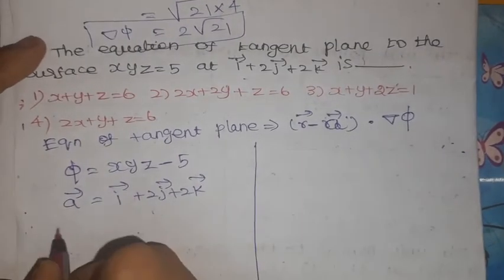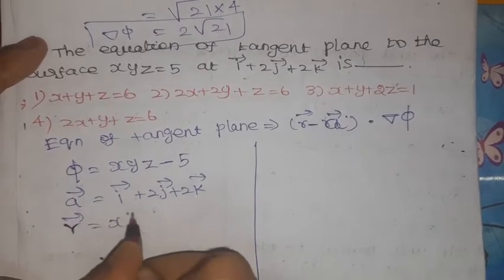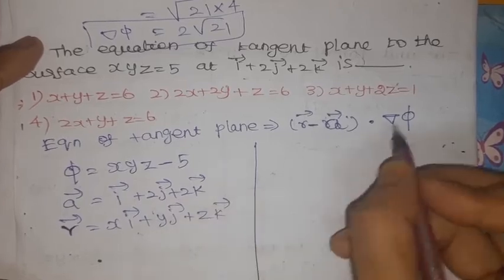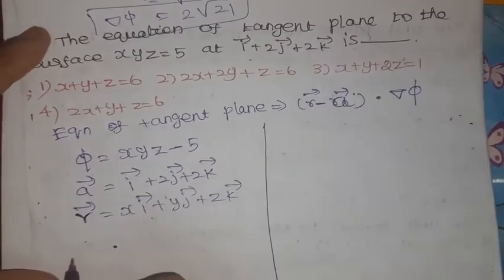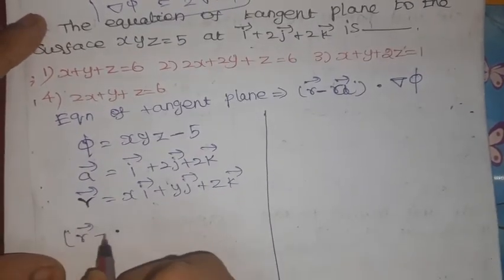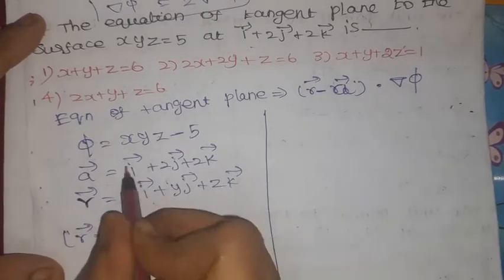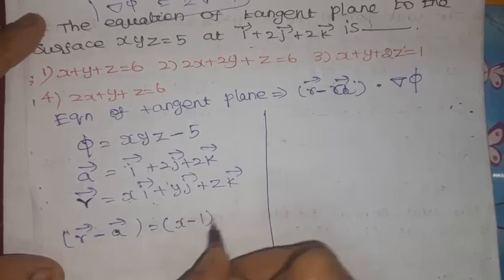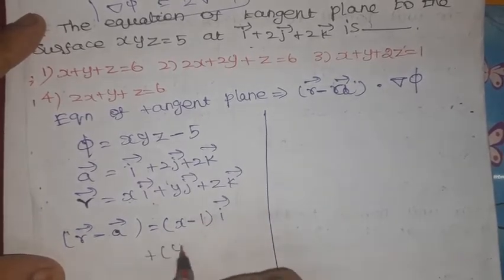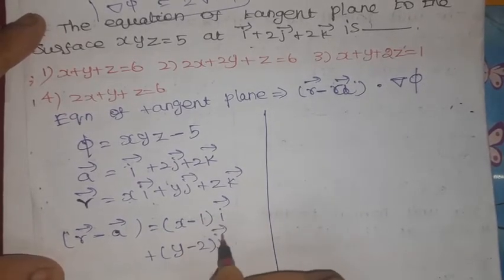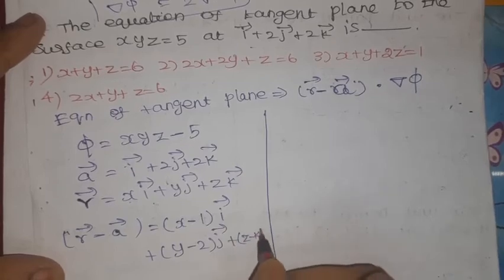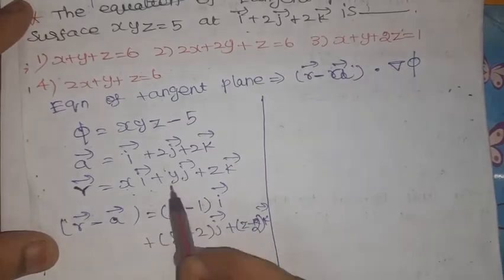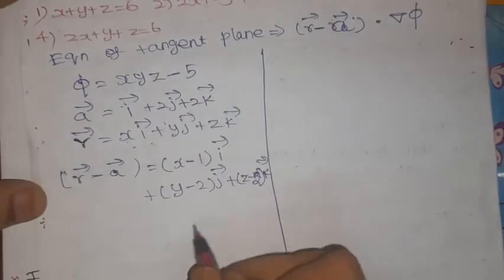What is the r vector? We know it is xi plus yj plus zk. So first find del phi, then r minus a, simply r vector minus a vector. We get x minus 1 into i plus y minus 2 into j plus z minus 2 into k, just the subtraction.